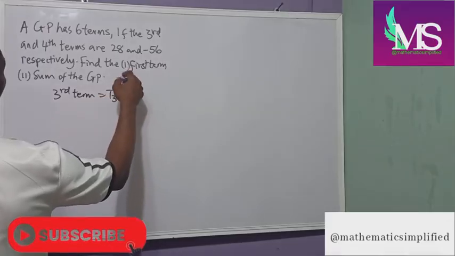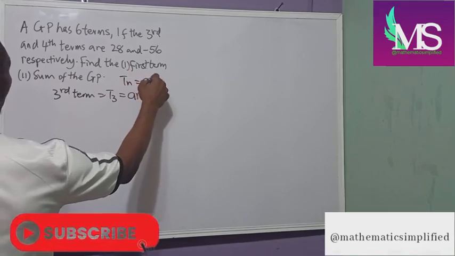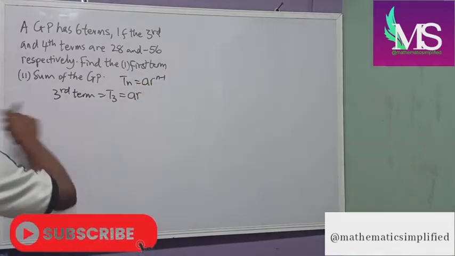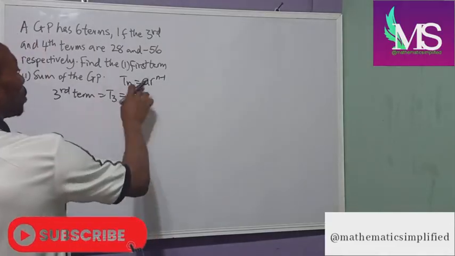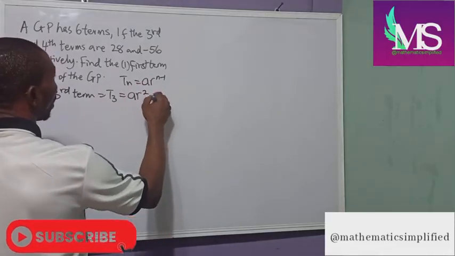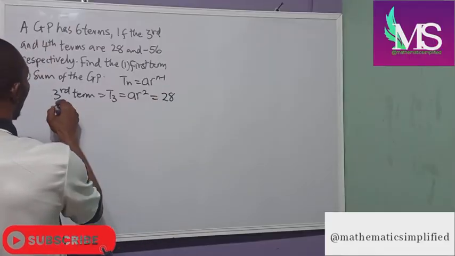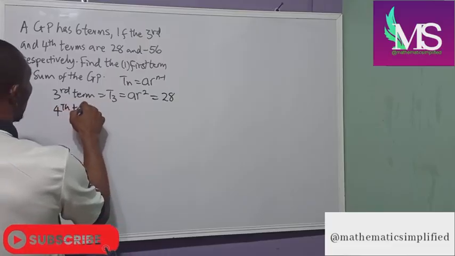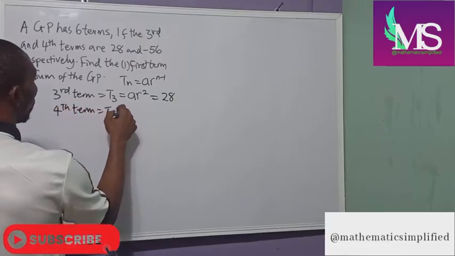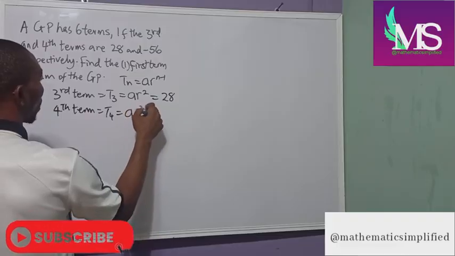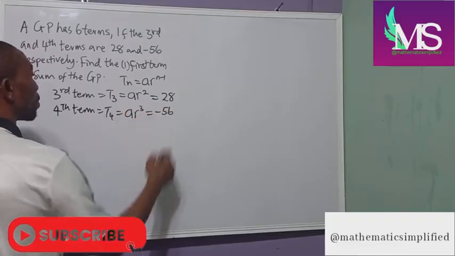Remember that the formula for a GP is Tn equals ar raised to n minus 1. So T3 will be ar raised to 3 minus 1, which gives us 2, and they say this is 28. And T4, the fourth term, equals ar raised to power 3, which is minus 56.